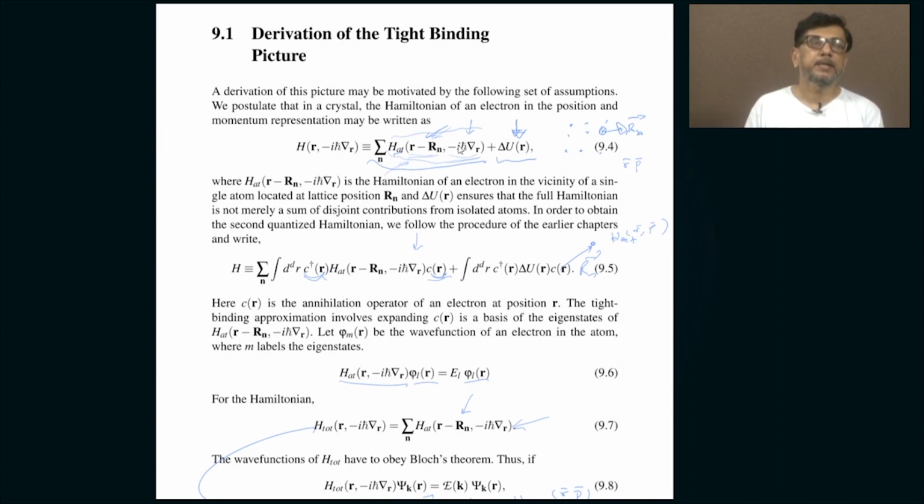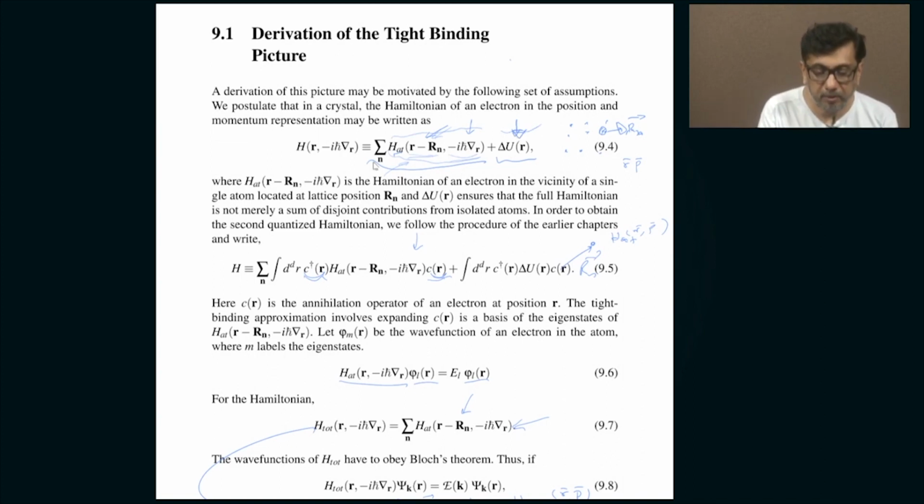But the point is that the potential energy of an electron is not necessarily only due to that particular atom. There will be other atoms that also exert forces on this particular electron. So, you should also take into account the possibility of additional potential energies.